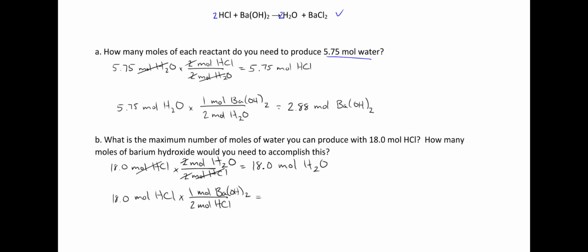And so I have 18 divided by 2 is 9, and I need 3 significant digits, so that would be 9.00 moles of barium hydroxide.